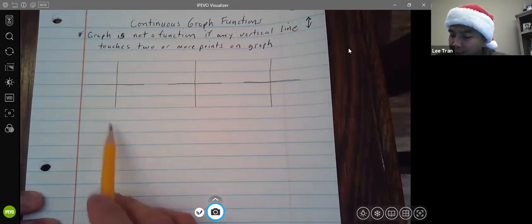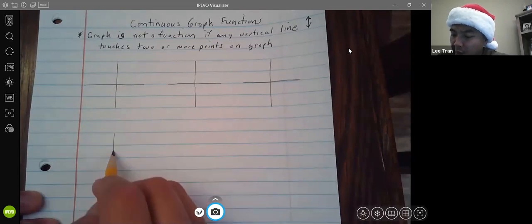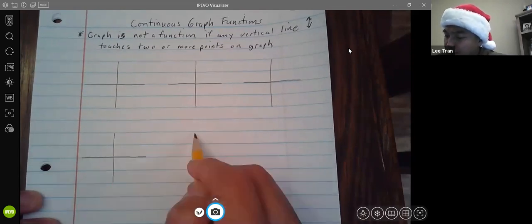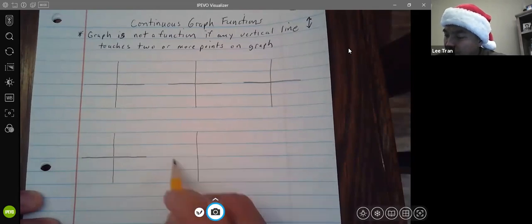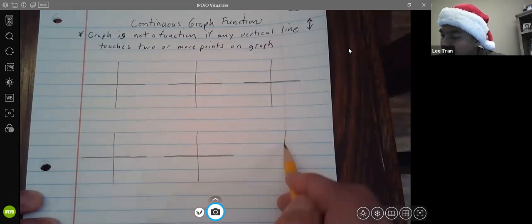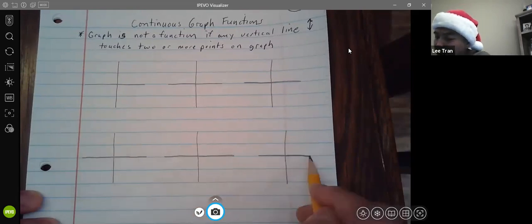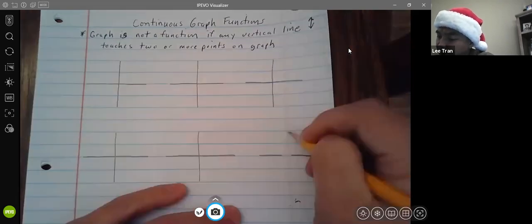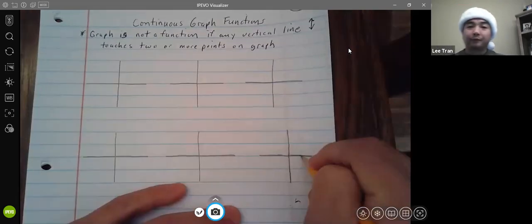I'm going to do another row of 3 planes here. That one wasn't very straight at all, so let me fix it. Okay.